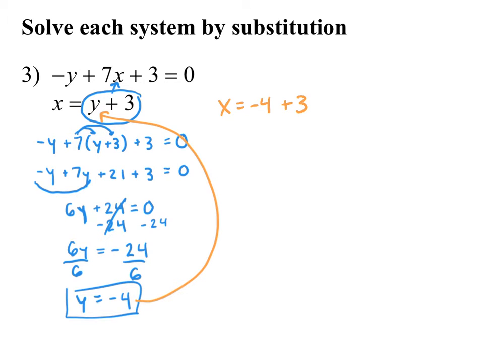So what do we need to do? Combine like terms. We just add negative 4 plus 3. So x is equal to, what's negative 4 plus 3? Negative 1. Perfect. So that's our answer for x. So we have an answer for x and an answer for y. And we're done.